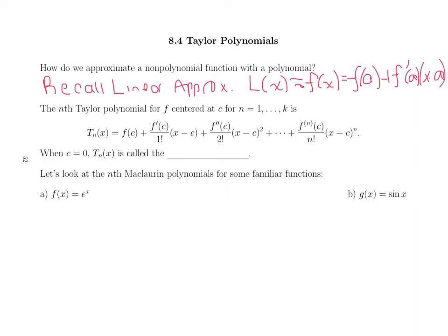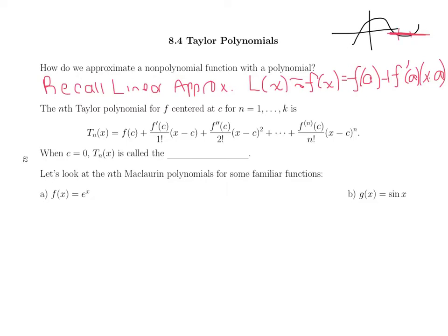And so you might have done that in Calculus 1. And the idea is we're going to take that and expand upon it. So obviously, if we have a function that looks something like this, and we use linear approximations and draw the tangent line, which that one doesn't look very good, but in theory this is a tangent line at this point. That's a straight line, and it does a pretty good job of approximating pretty near a.